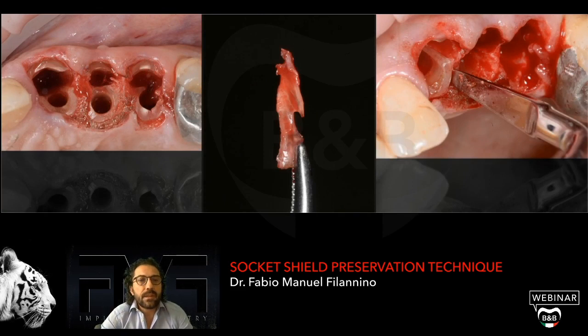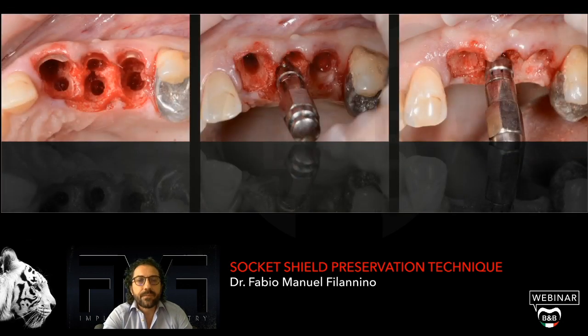So at this point I was able to remove the palatal aspect of the vestibular, of the buccal roots, and I was able to use the magnetodynamic technology also to luxate and extract in a very easy and rapid way the buccal fragment of the roots.